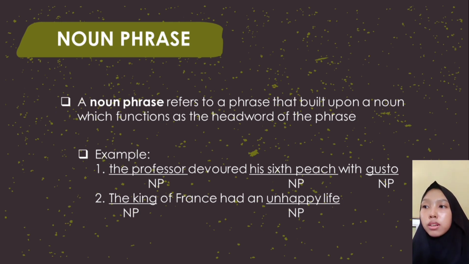The professor is NP. His sixth page is NP. Gusto is NP. 2. The king of France had an unhappy life. The king of France is NP, unhappy life is NP.